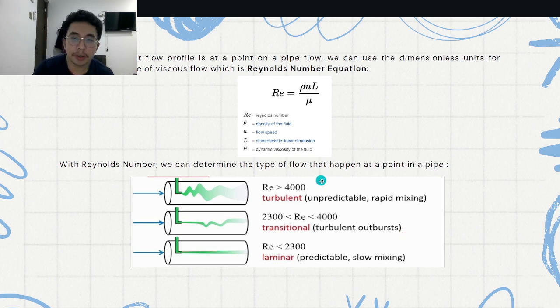When the Reynolds number is at 4000, the movement is unpredictable, and it's a type of rapid mixing. So we can define the flow of the fluid at a point in a pipe using the Reynolds equation.